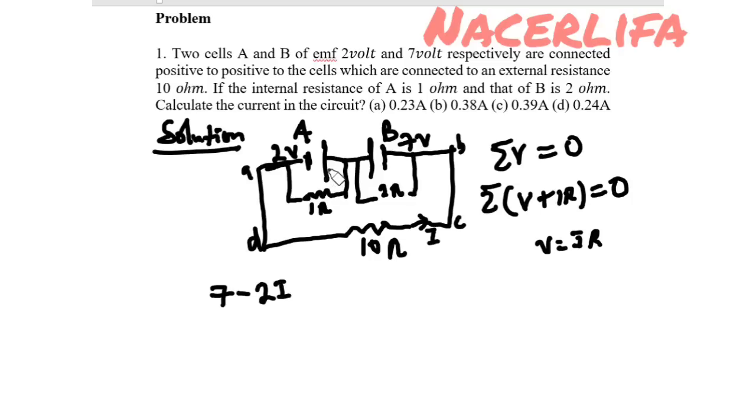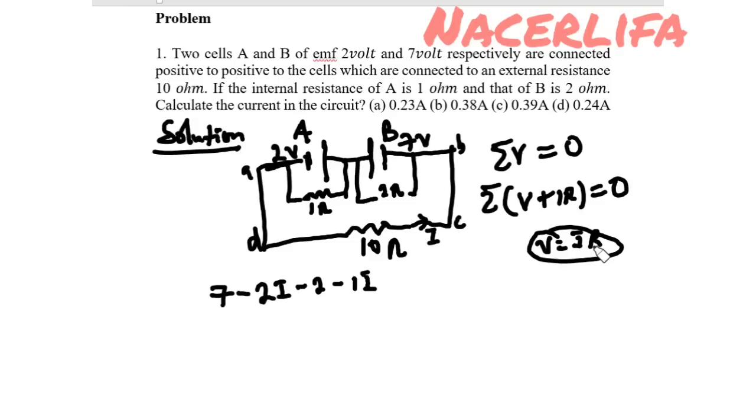We keep going. We meet a source of EMF again. This is the positive side of the cell. When you are moving from positive to negative, you are moving downhill, so you have a potential drop too. So you have minus 2 volts. We are still moving in the direction of the current, so we'll have a potential drop here: minus 1 I, because we are following Ohm's law.